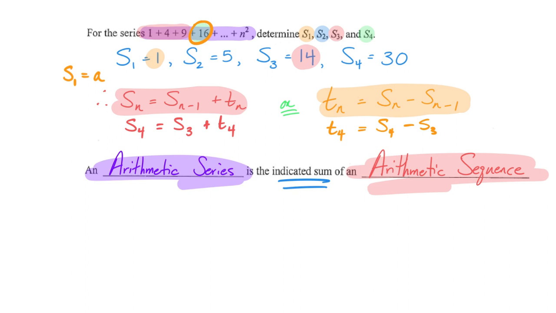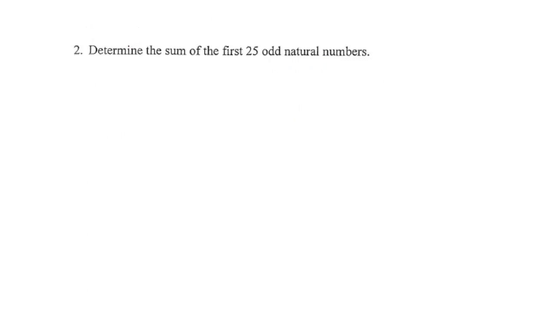Okay, I want to jump into that by tackling a problem. So let's take a look at problem 2. Okay, there is our problem. We have to determine the sum of the first 25 odd natural numbers. Now, I'm going to lead you through this a little bit, because I think if I didn't lead you through it, this would lead to counting.